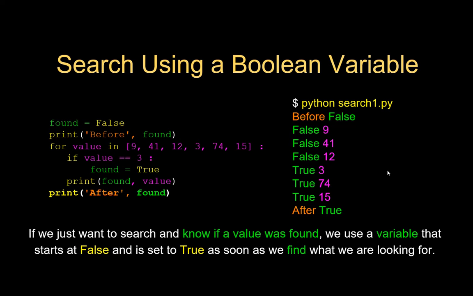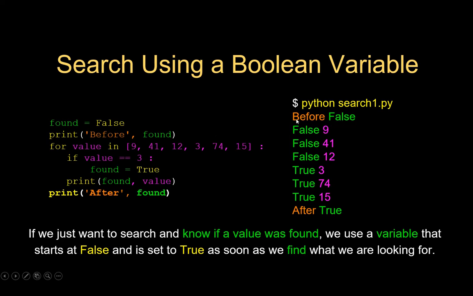Another example that we can use a loop for is search by using a Boolean variable. Boolean variables can be true or false. In this case, we assign false to the variable called found, and we're going to print before and the value of found.